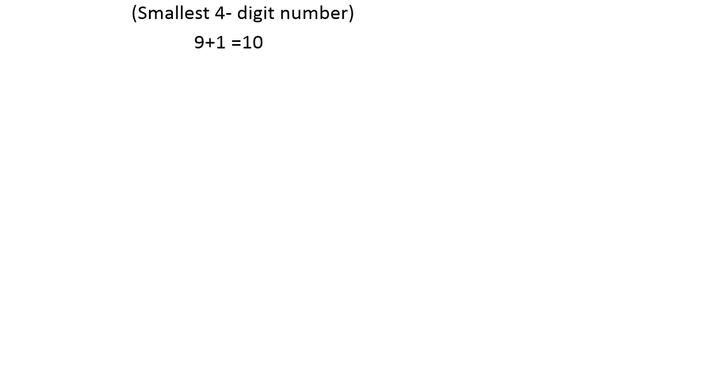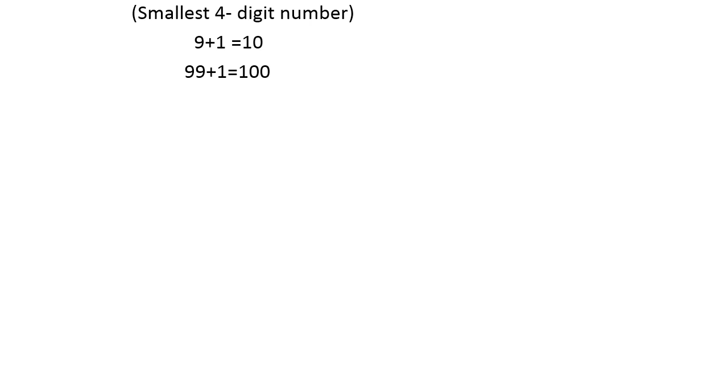Earlier I told you that 9 is the greatest 1-digit number, and when we add 1 to the greatest 1-digit number, we get the smallest 2-digit number, and that is 10. And when we add 1 to the greatest 2-digit number, we will get the smallest 3-digit number.